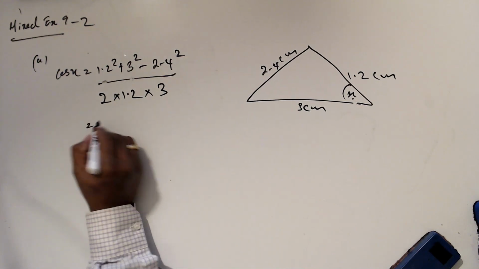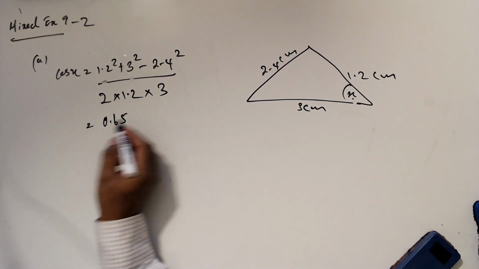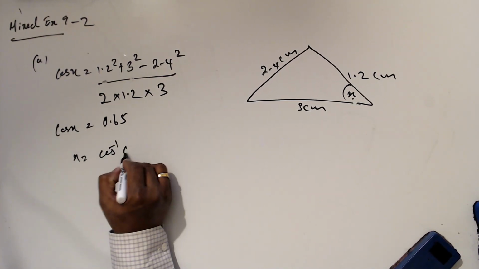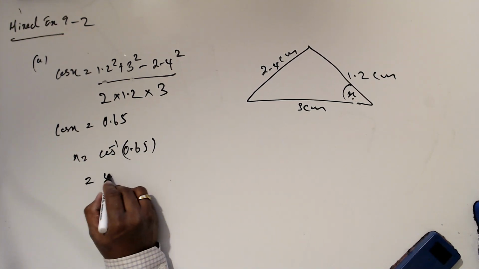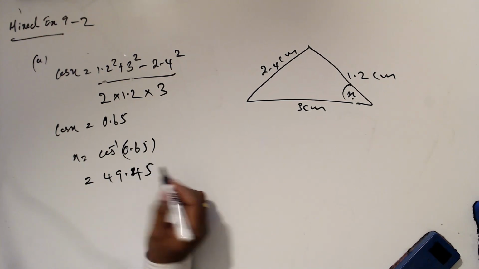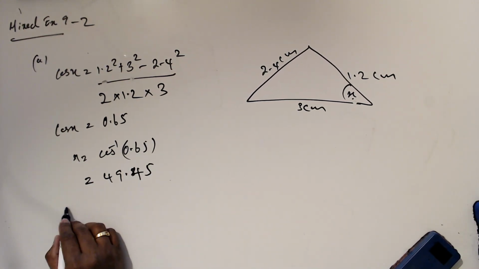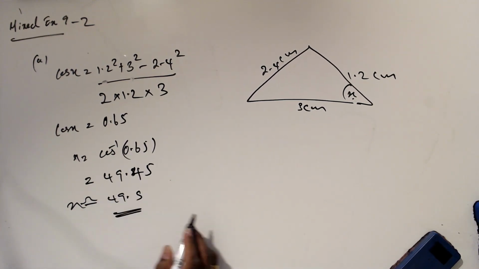From the calculator you can get the answer as 0.65. cos x equal 0.65, x equal cos inverse 0.65. You will get 49.45. So for three significant figures, x is 49.5.